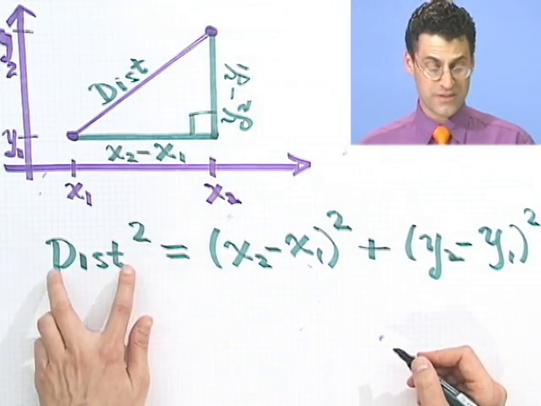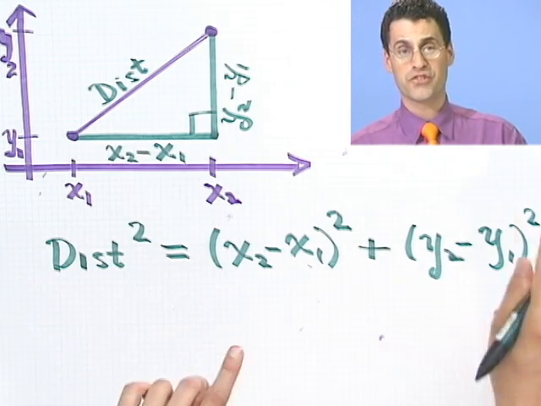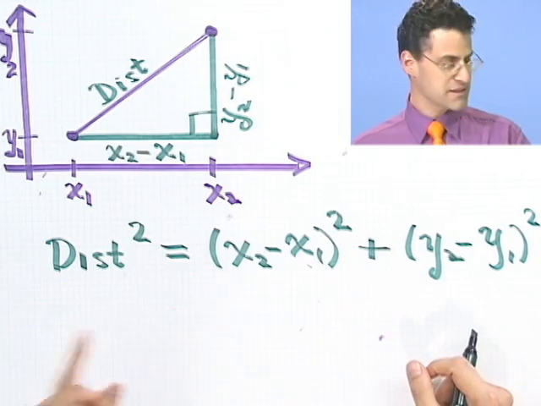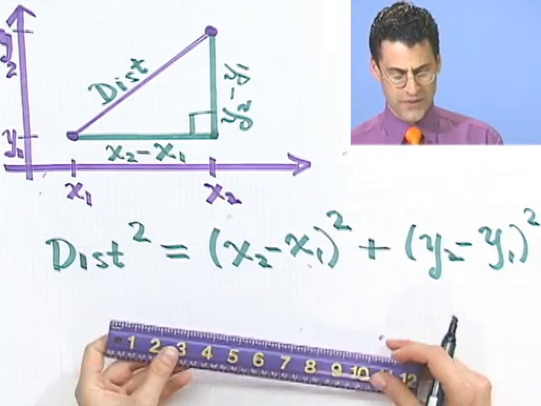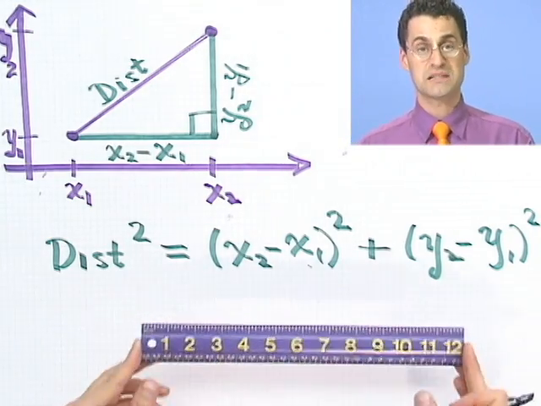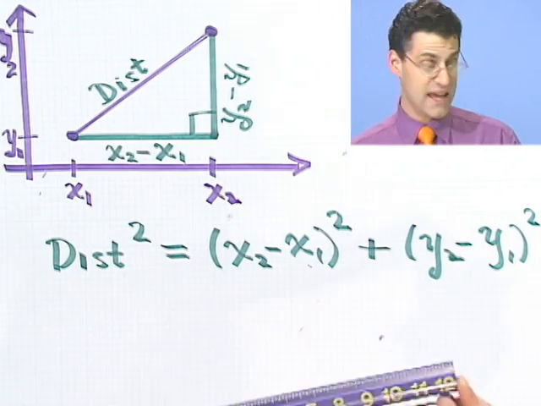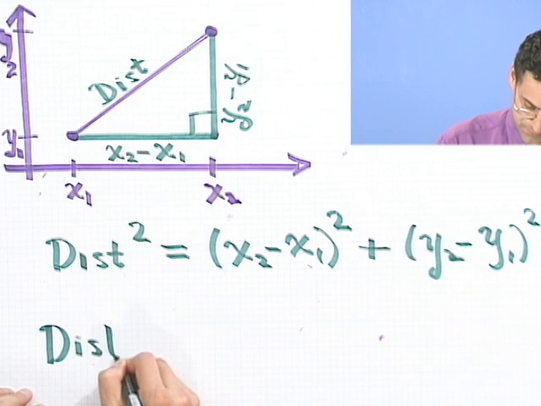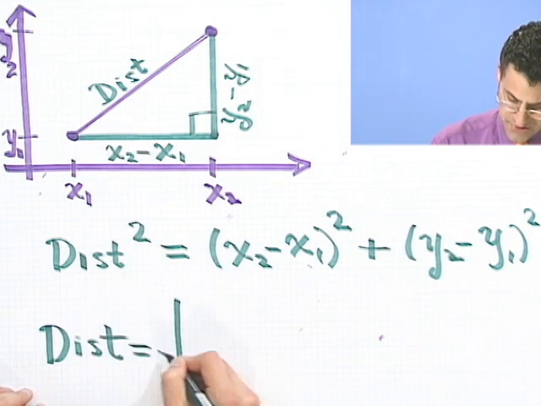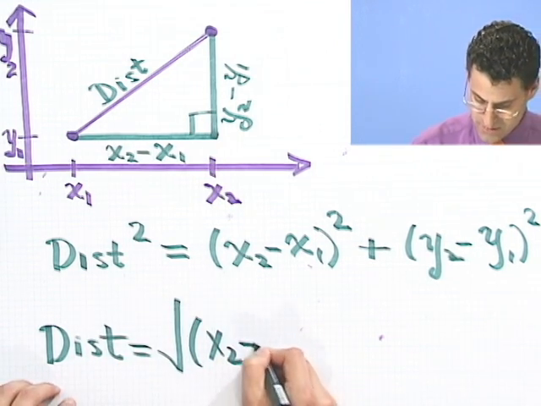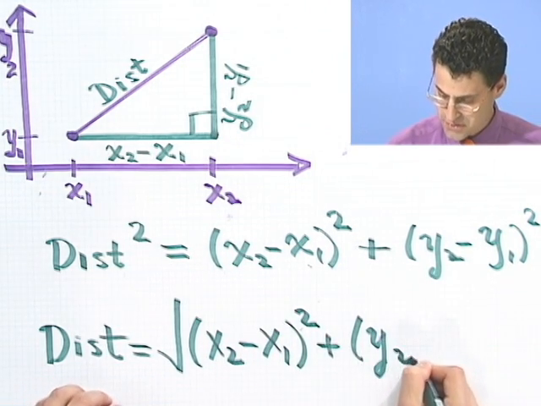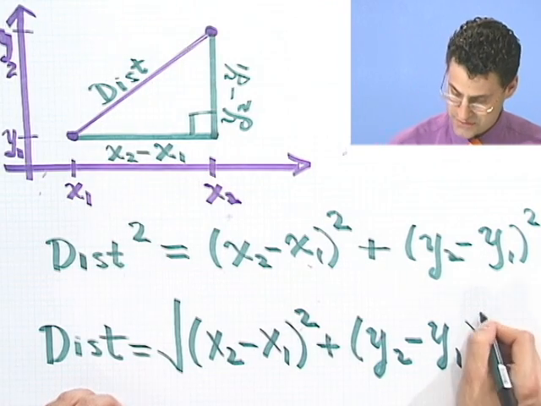So if I now want to solve for distance alone, I have to take square roots. Now, technically, I have to take plus or minus the square root. But since this is a distance, we know that there are no negative distances, so it has to be the positive root. So now, today, I can actually just take the 1 square root and say that the distance is equal to just the regular square root of (x2 minus x1) squared plus (y2 minus y1) squared.